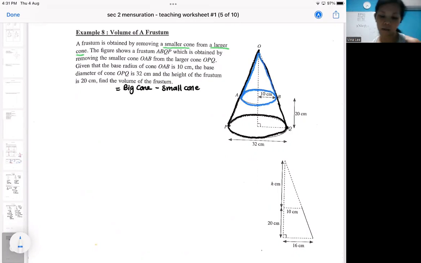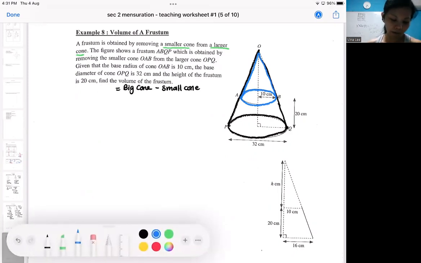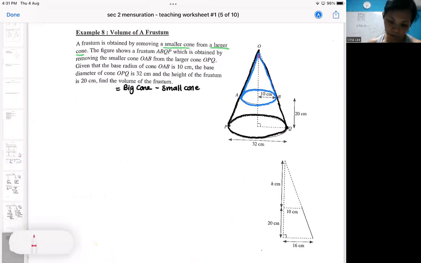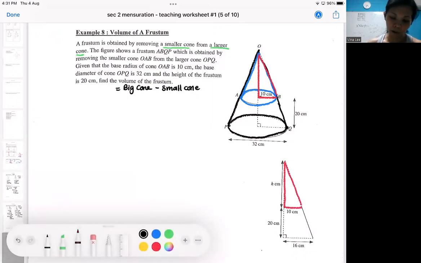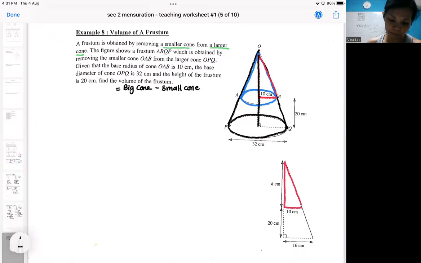But if you realize, I do not have the full height of the cone. I also do not have the height of the small cone. So in fact, there is a similar triangle. This becomes a similar triangle with the big triangle here.